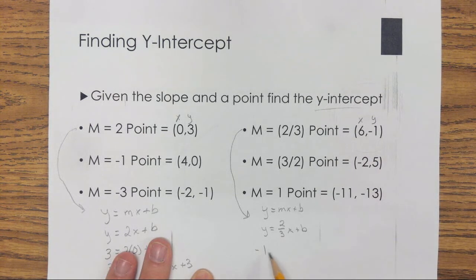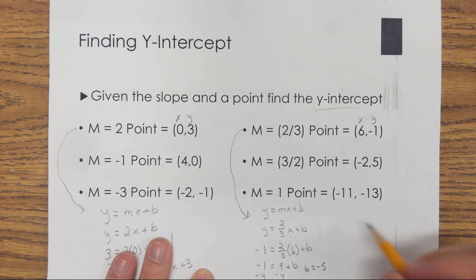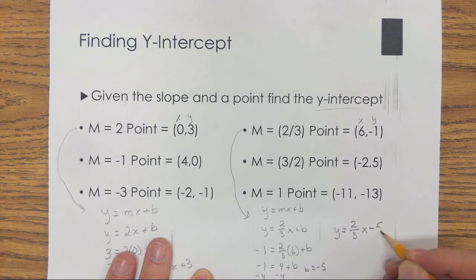So I've got -1 equals 2/3 times 6 plus b. 2/3 of 6. 2 times 6 is 12, divided by 3 is 4, so I got -1 equals 4 plus b. Minus 4 both sides, so b equals -5. Okay. Then I'm just going to plug that back into my equation to get my equation of my line. y equals 2/3 x minus 5.